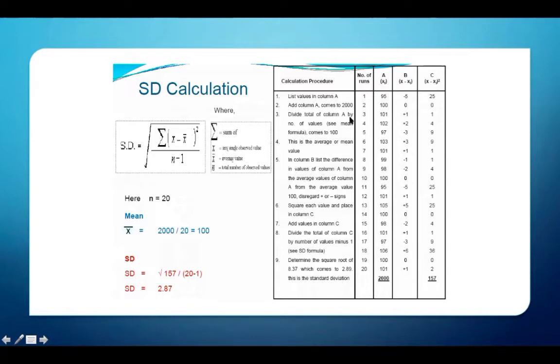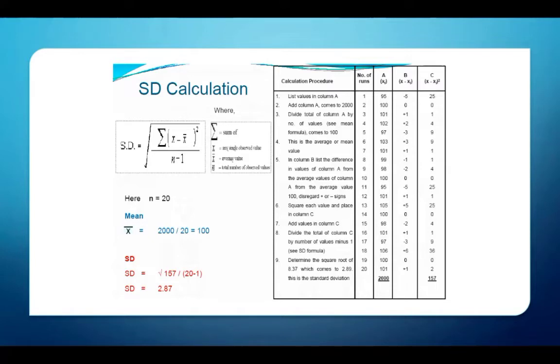As we have provided you one example of 20 data points. The higher the difference, the higher will be the square of this difference, and then the higher will be the sum of squares. And if you calculate the square root, you will get a high value for standard deviation.